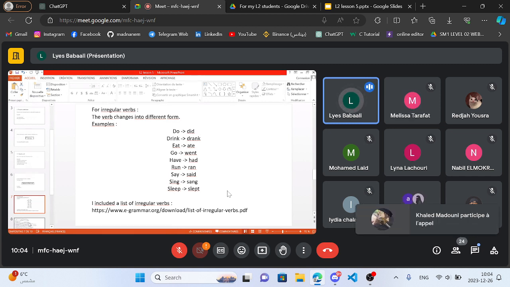All you have to do is practice and read lots, and you will have most of the irregular verbs in your head. For those of you who are perfectionists, who want to learn many more irregular verbs, I have included a comprehensive list of irregular verbs, which you can consult from the link below. This one.